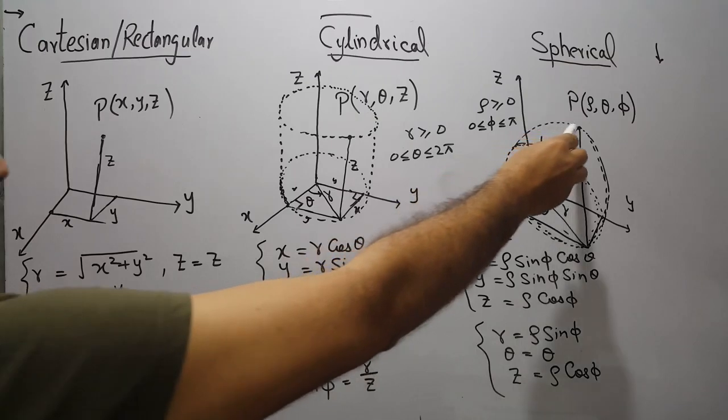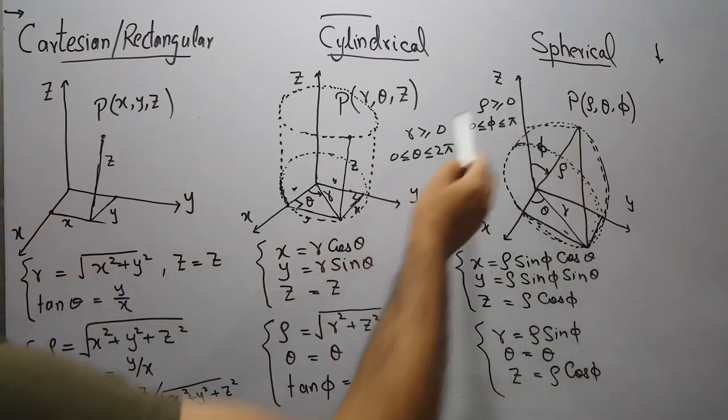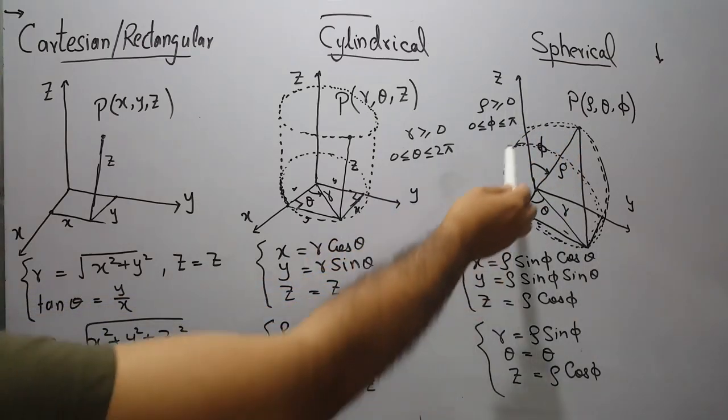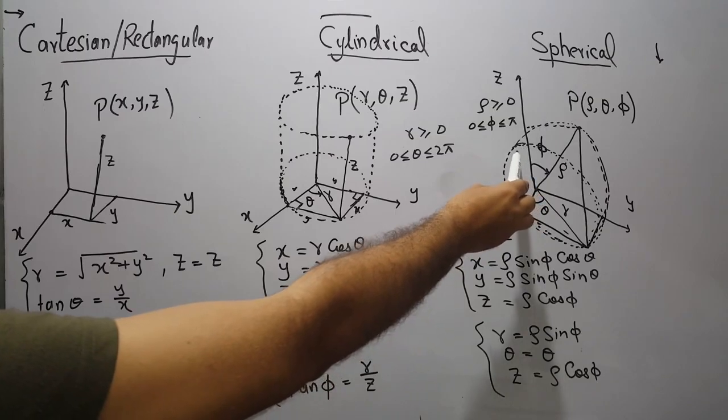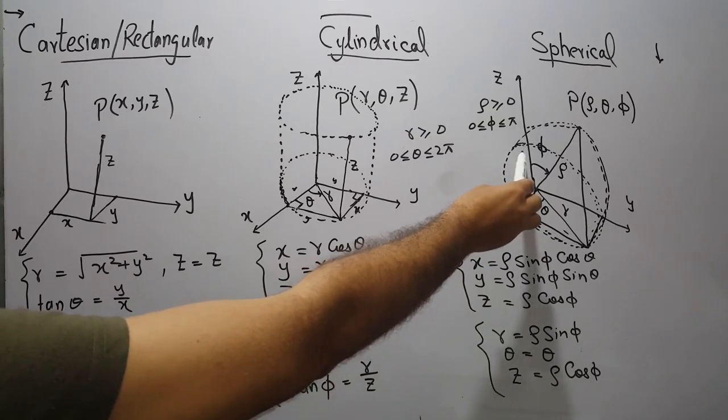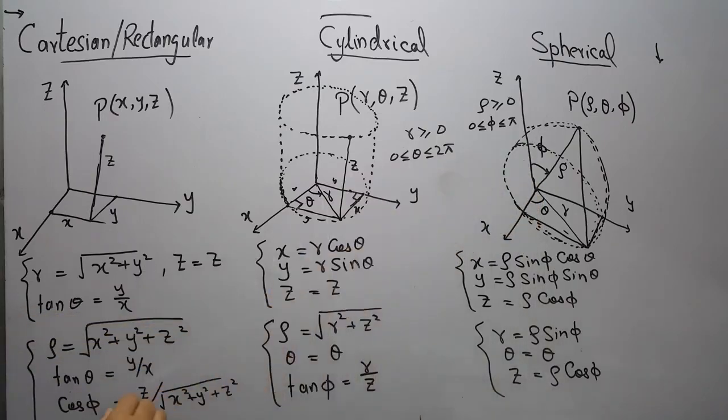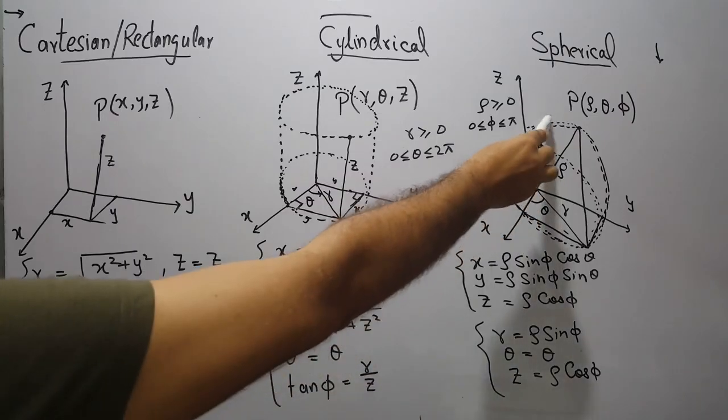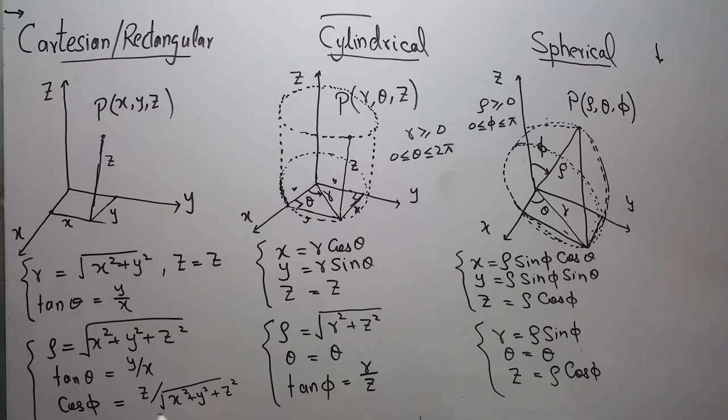So that you have to draw from here. You can see that the base is z, and this one is your x square plus y square plus z square, which is equal to rho.